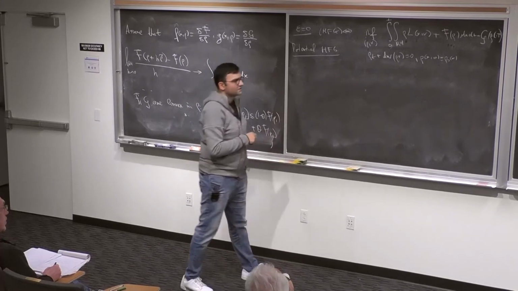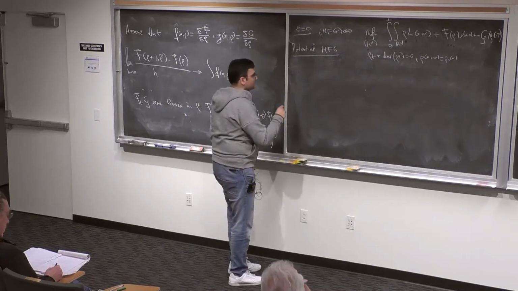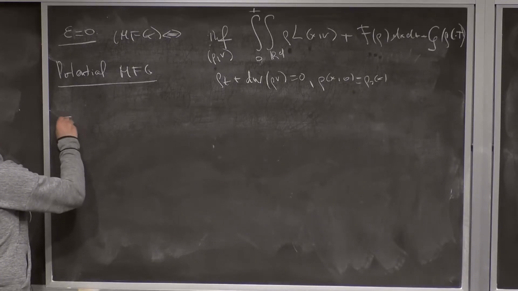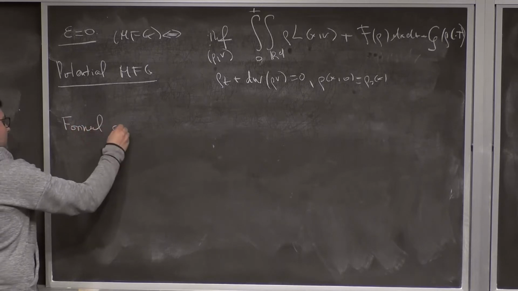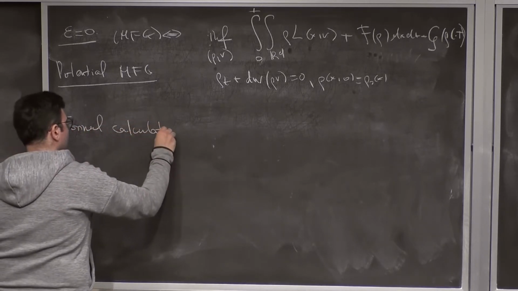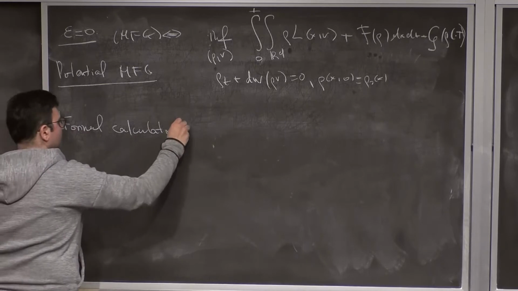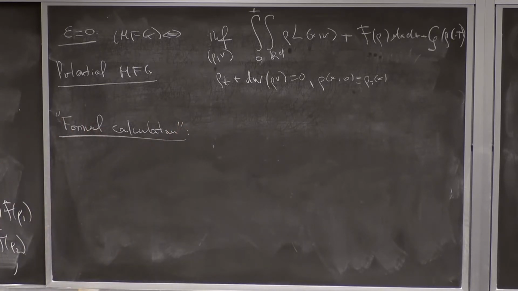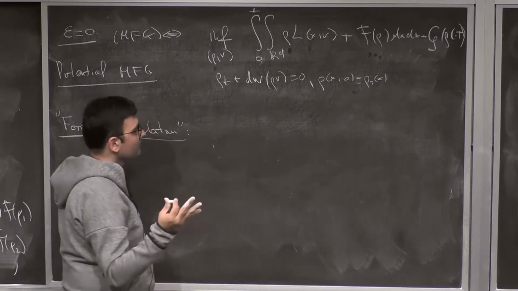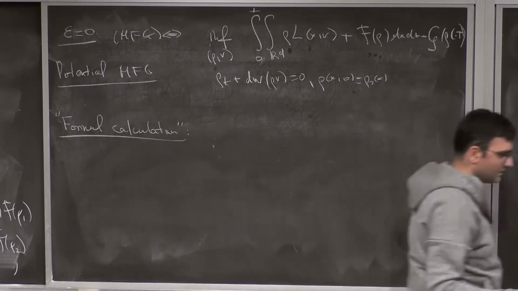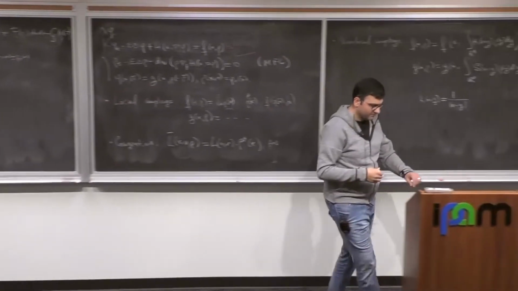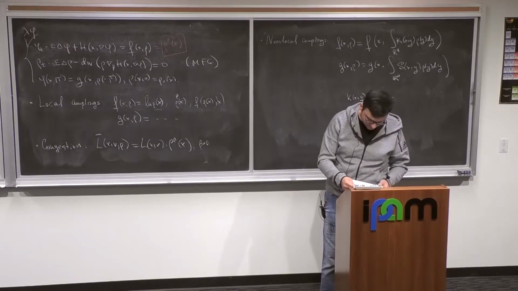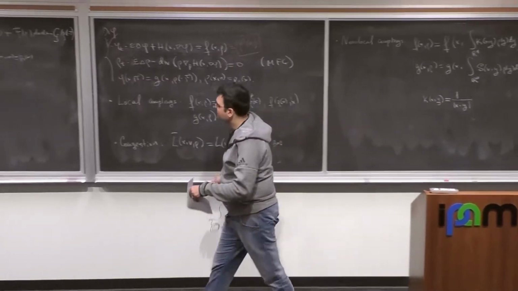Let me show this calculation. A formal calculation. Well, we do the standard thing, which is introducing a Lagrange multiplier. Let me just have this to get the signs correct.